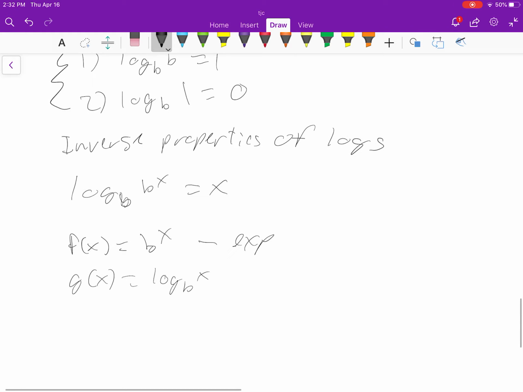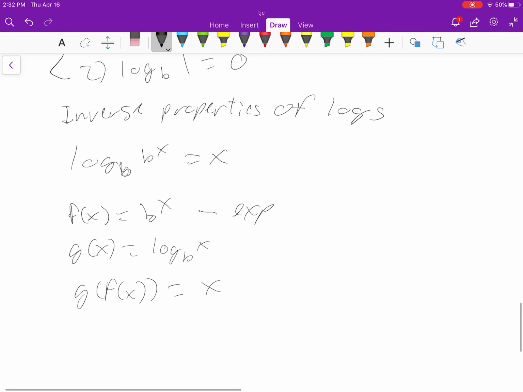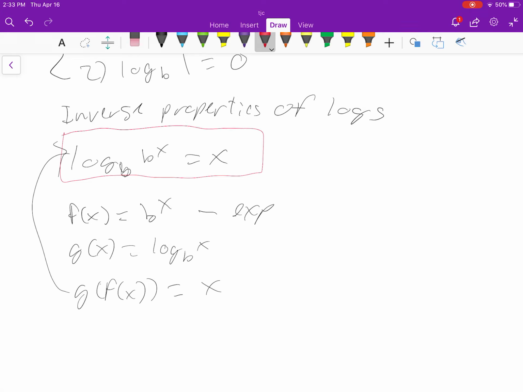So if we plug f of x into g of x, if we have g of f of x, if they're inverses, this should equal x. That's the property of inverses. We've stated that these are inverses. This is how we've defined a logarithm: it's an inverse of an exponential. So by definition, the above will be true, because we've used the definition to define what a log is.